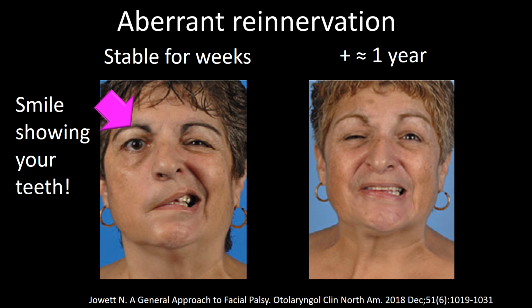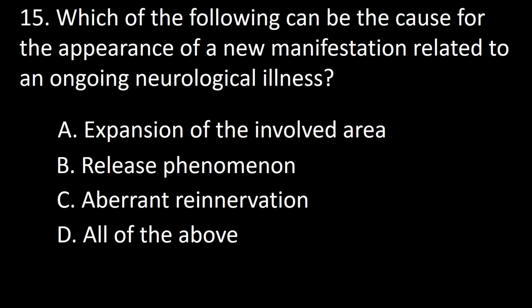The right eye does not close, whereas later on, with a strong contraction of the lower face, the right eye closes, denoting an aberrant reinnervation of the orbicularis oculi by fibers meant to innervate the lower right facial area. So the answer to this question is D.